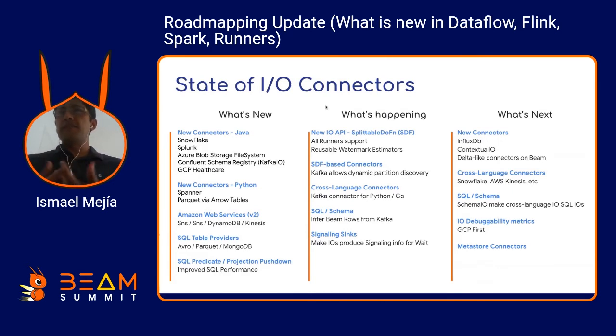Also, a third area that matches with the earlier presentation is cross-language support. As we mentioned, we can now use connectors written in one language from another language. This is also a big area of work now on Beam, and we expect to expand this in the next year to support more cross-language connectors like Kinesis, Amazon, or Snowflake too.